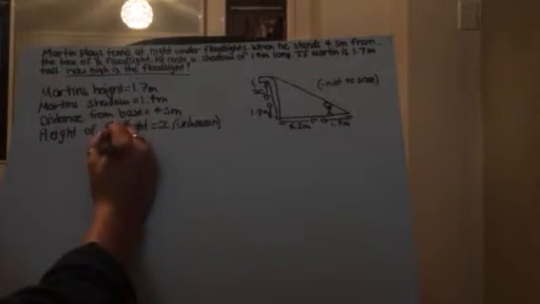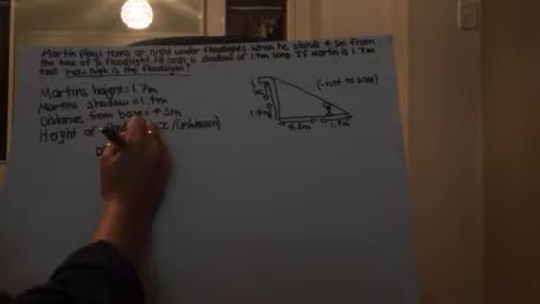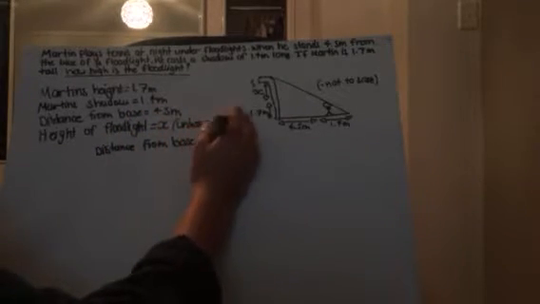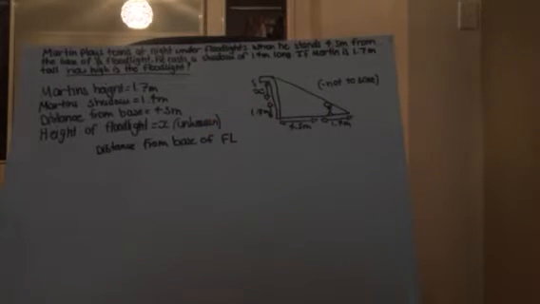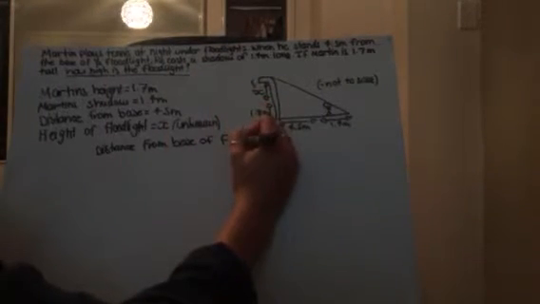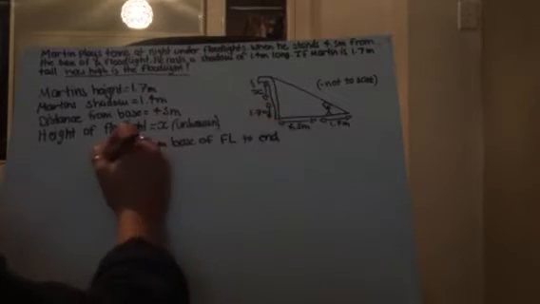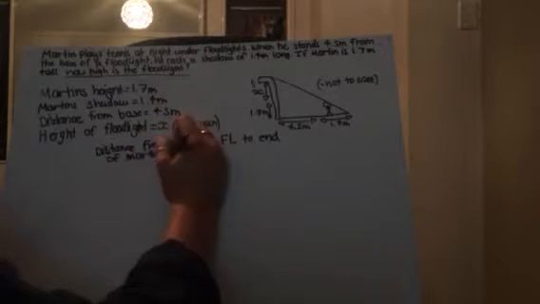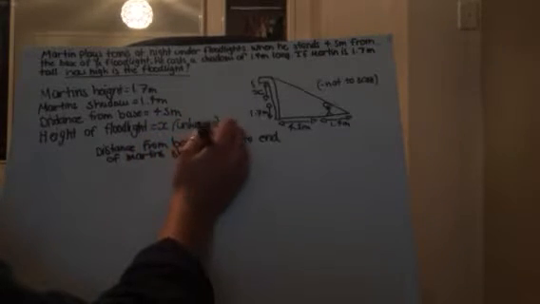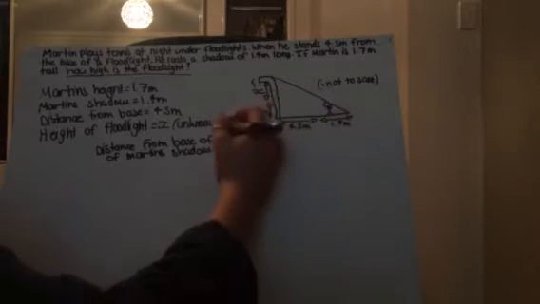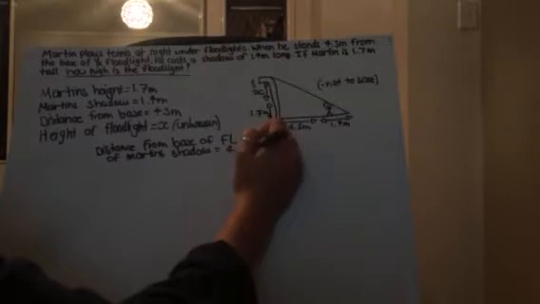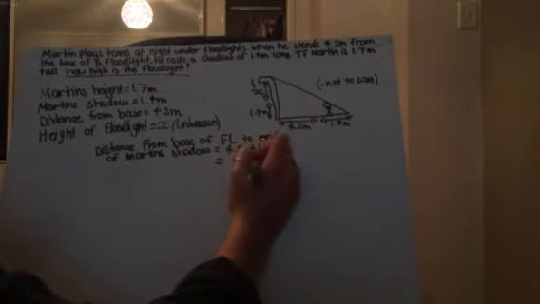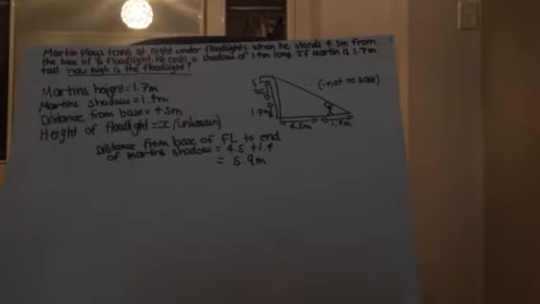So, distance from base of floodlight, we'll just do FL, which stands for floodlight, to end of Martin's shadow, equals 4.5 plus 1.4. And this equals 5.9 meters. So now we can use this number, it will make it easier for us.